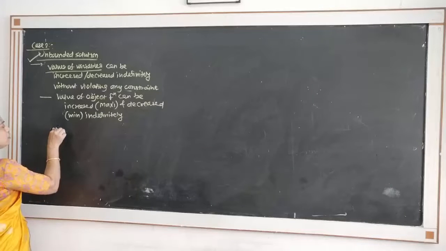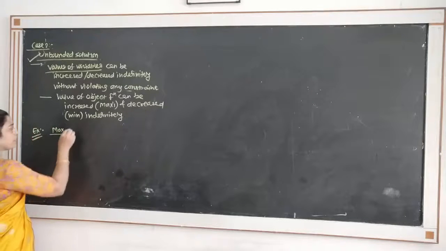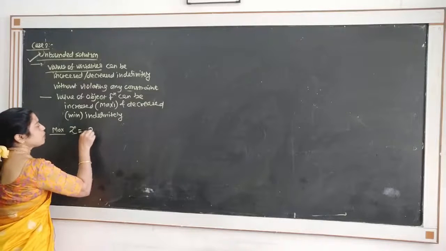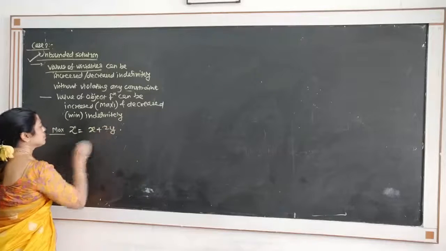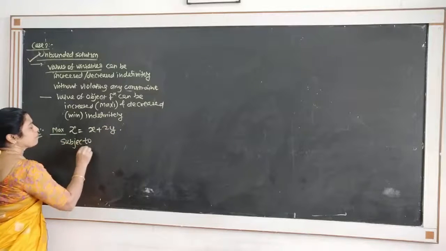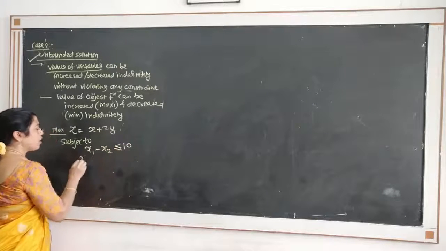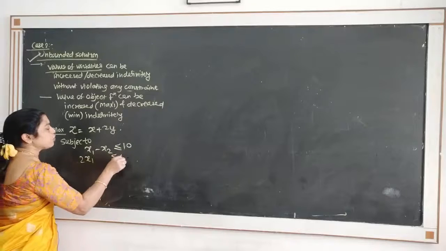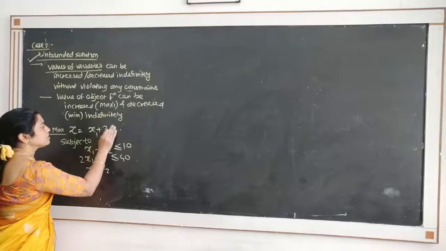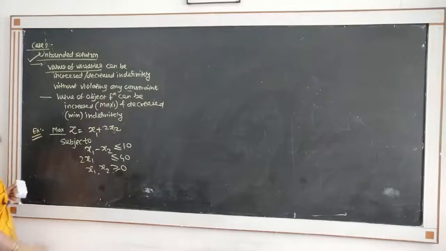To get the idea, consider an example. Solve the LPP graphically. Maximize Z equals x1 plus 2 x2 subject to x1 minus x2 less than or equal to 10, 2x1 less than or equal to 40, x1, x2 greater than or equal to 0.